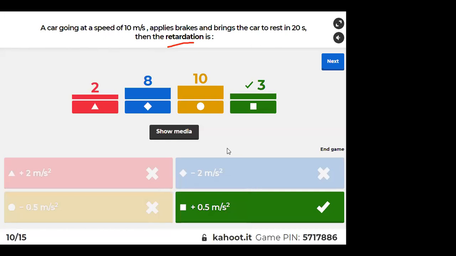And if I'm already saying that it is retardation, it means negative is already considered. Understood? If I have already said retardation, then negative is already considered, and if you apply a negative again to the negative, what will happen? Tell me. Piyush, you got this, right? So negative negative will become wrong, because retardation means negative, right? So retardation is 0.5 meter per second square, which means the acceleration is minus 0.5 meter per second square. Okay? Understood?